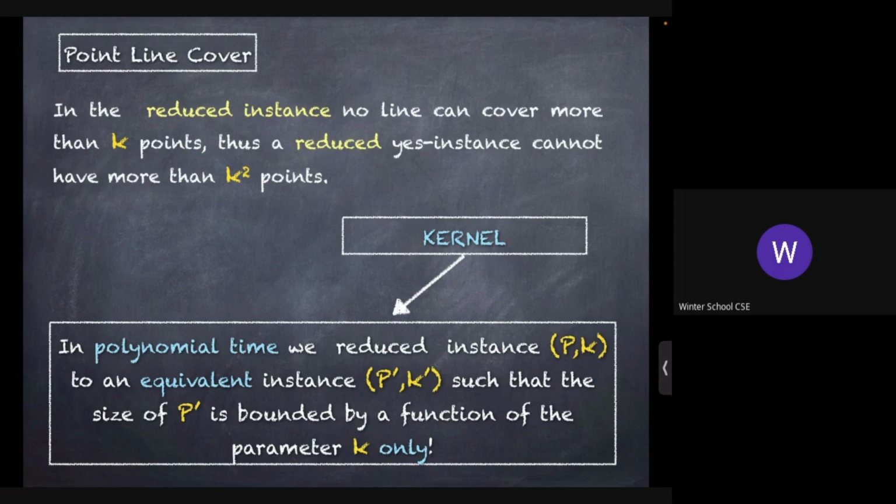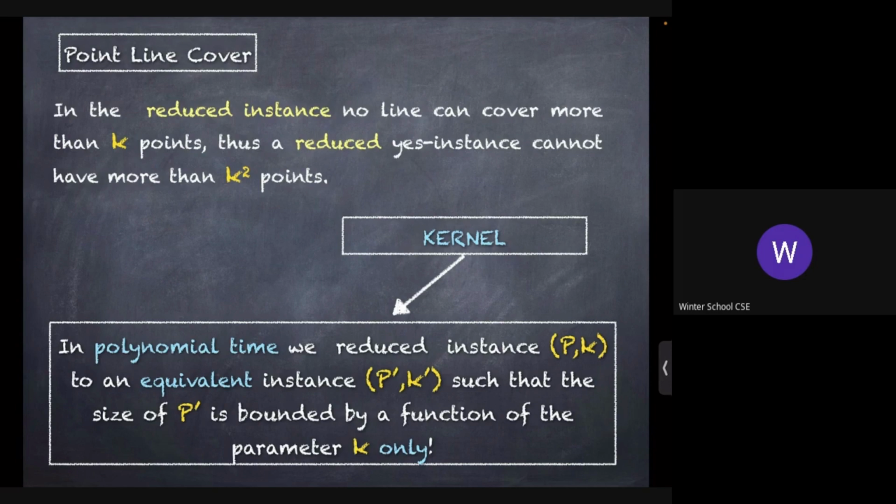But when I speak about a parameterized problem, it makes perfect sense. This problem is NP-complete, by the way, so it still doesn't show that P equals NP, because even with an instance of k squared points, to solve this problem optimally I still need to spend exponential time.